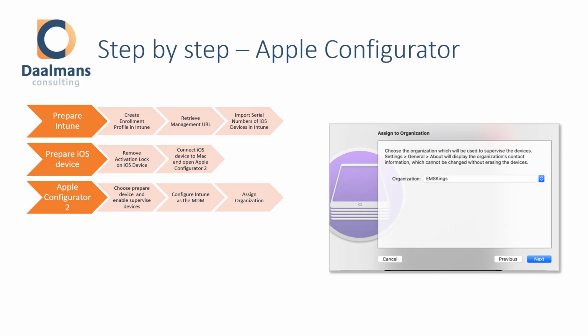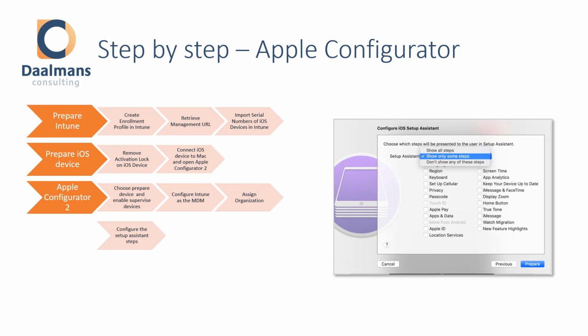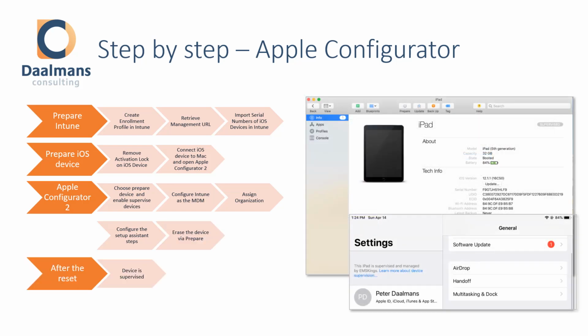We need to configure some organizational settings. We can pre-configure all the out-of-the-box experience screens of the device by selecting or deselecting them, and we need to click Prepare. After that, the device is being reset and it will come back as supervised.